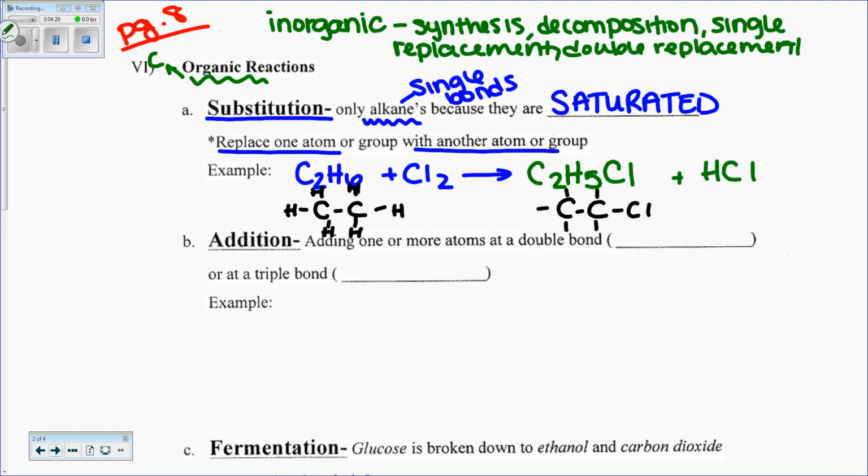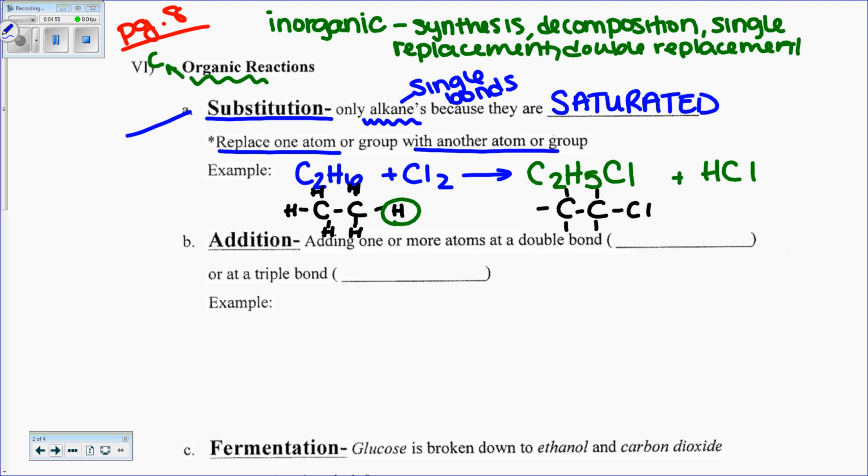So if I take a look at that reaction, I had an alkane. I tried to put something on. It didn't fit. So what happened was my Cl's that would be over here, they basically took off that H, and that H went on the other side with one of the Cl's, and the Cl jumped on. So substitution, I want you to think, biggest thing, think alkanes.